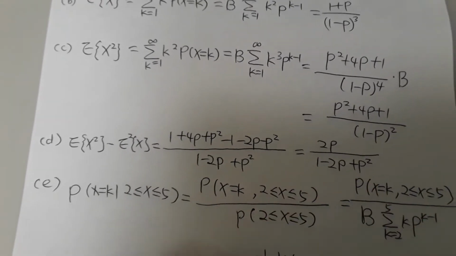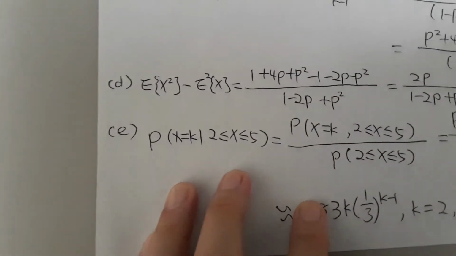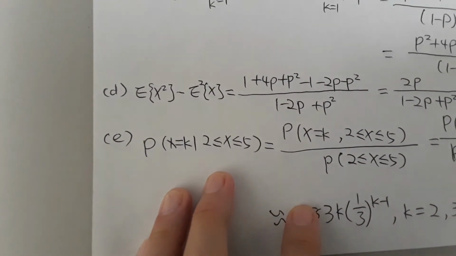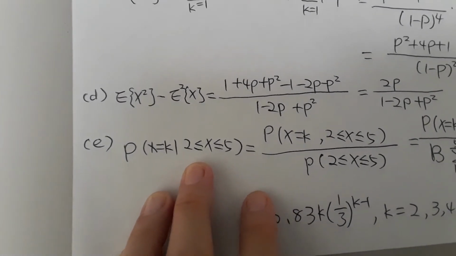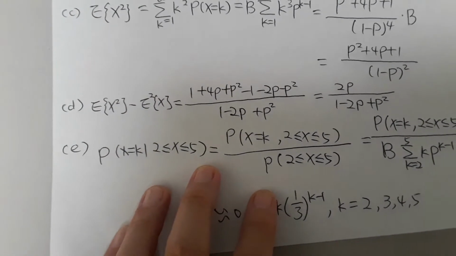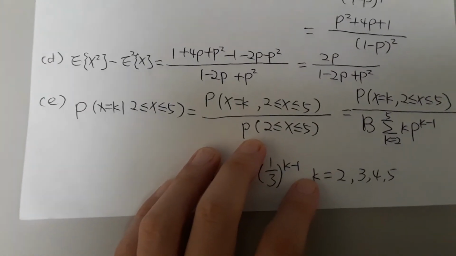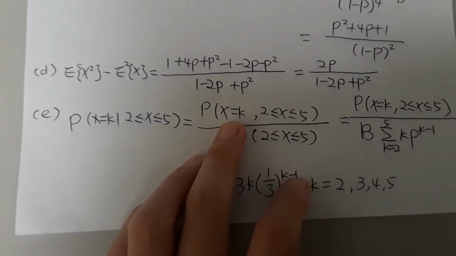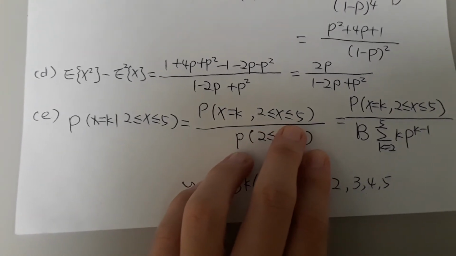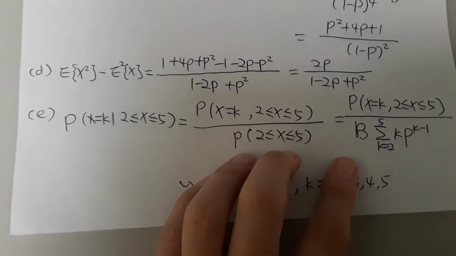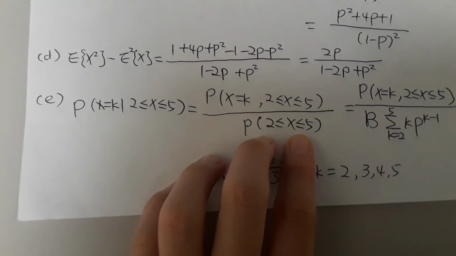Now let's look at the last part. To find the probability that x equals k given x ranging from 2 to 5. According to the conditional probability, I will have the probability that x equals k when x is more than 2, less than 5, divided by the probability that x is ranging from 2 to 5.